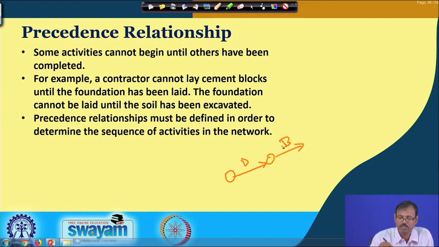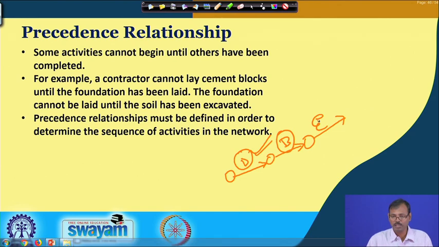You cannot carry out blasting without drilling, and drilling is not the successor of the blasting, because we do not go for drilling after blasting. So, drilling is the essential predecessor of the blasting, and blasting must be carried out before the excavation. The establishment of the relationship is very important in these cases.